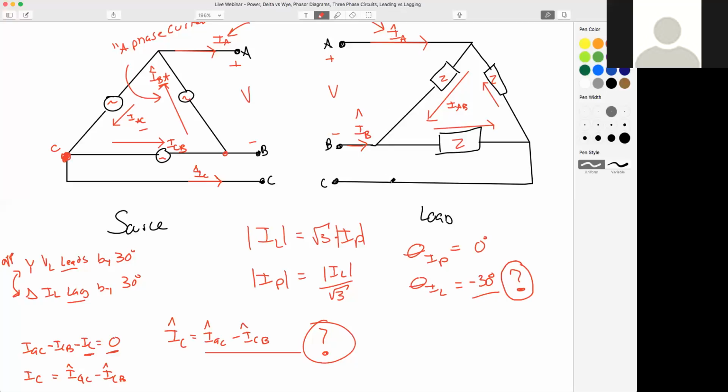So likewise, now I know my line currents over here on my load. I want you to help me solve for a phase current. So we'll pick on this one right here. How do we solve for IAB? What would we need to solve for IAB? Okay, so we know all the phase currents.